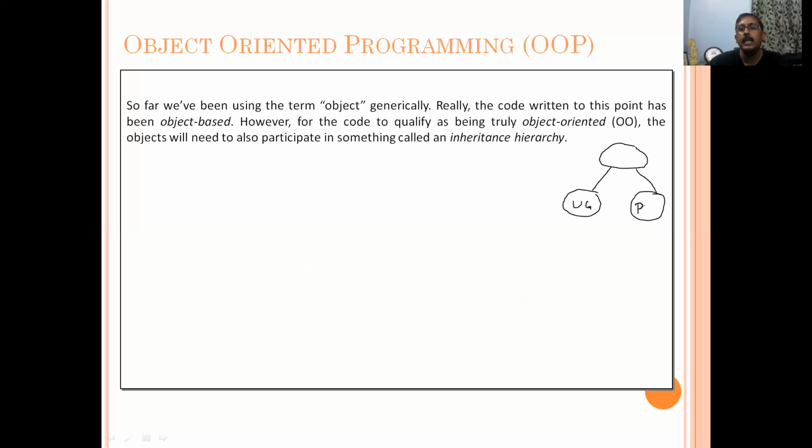Then again, under the UG students, we can have different branches, or different child classes. It can be based on the departments, like you can have one branch for the CSE, the other branch for the ECE, and so on and so forth, right? So whenever we have an inheritance hierarchy, we say that the object-oriented programming concept has actually been implemented. So that's what we need to bring into the whole thing, and we will look at that today.